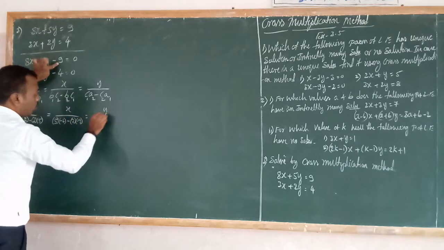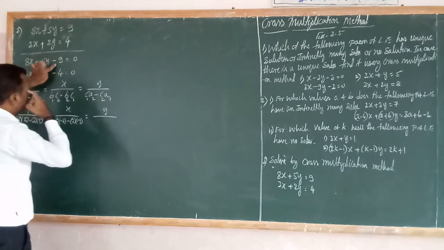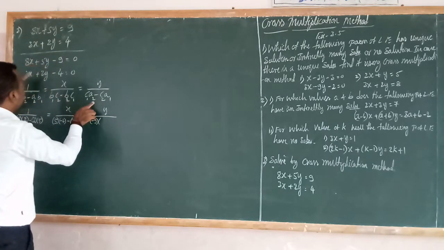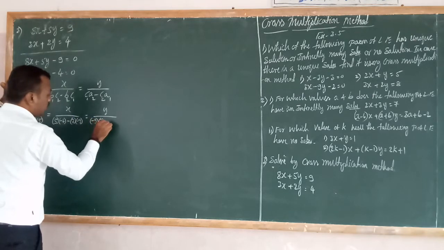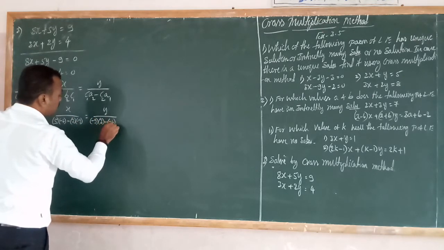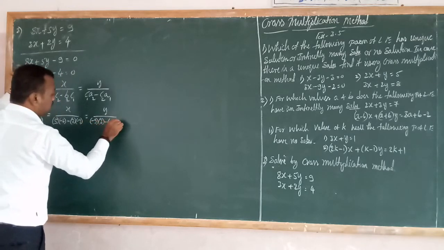It is equal to y upon C1, which is minus 9, into A2, which is 3, minus C2, which is minus 4, into A1, which is 8.